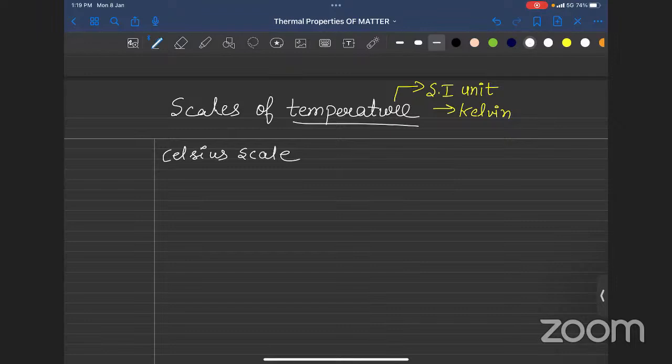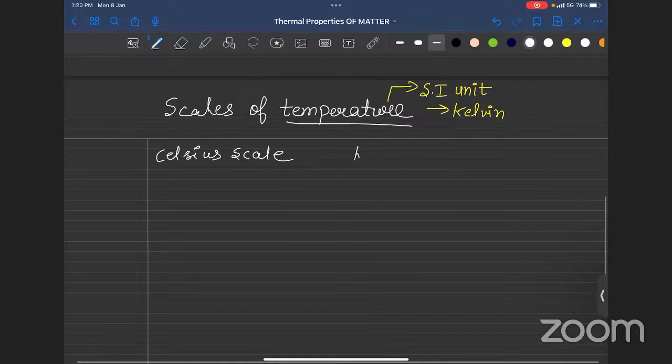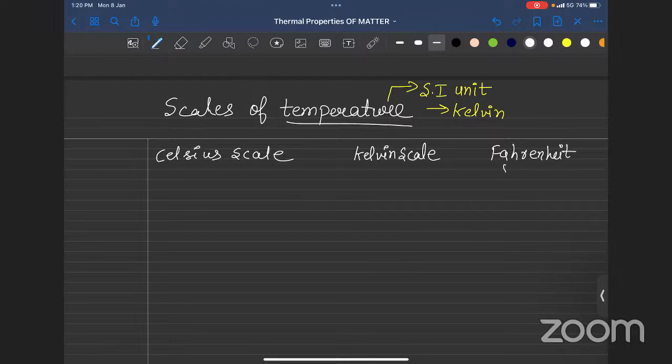To measure the temperature, we have a thermometer. The thermometer is also calibrated on different scales. We have the Celsius scale, the Kelvin scale, and the Fahrenheit scale too. Now we'll understand what the calibration is as per these scales.